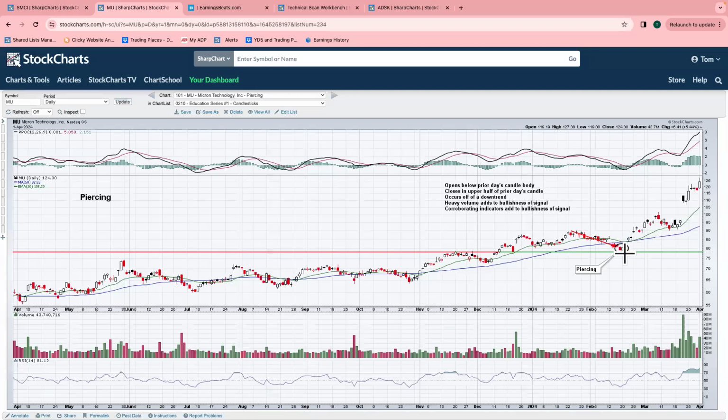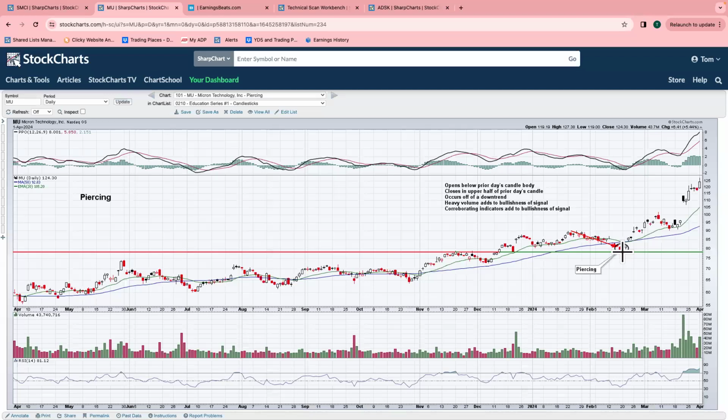But if you get in at the end of this day where you see the piercing candle print, and maybe we're at 80 and a half, you only have maybe $2.50 down to the key support level that you're watching. So if this piercing candle doesn't work, you might lose 3% instead of 13%.